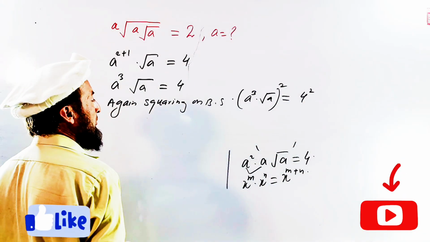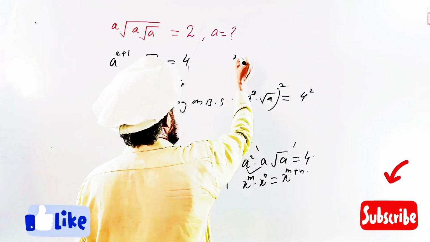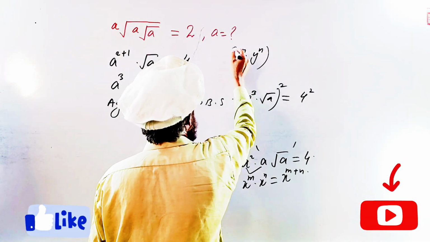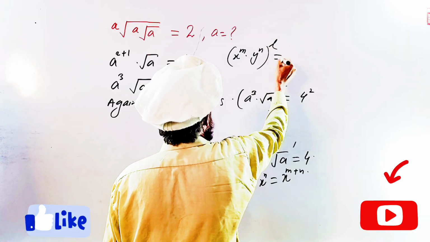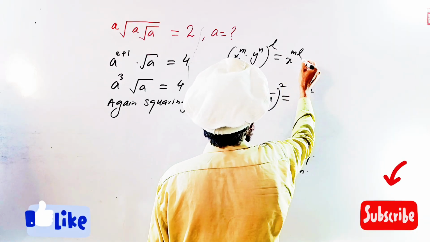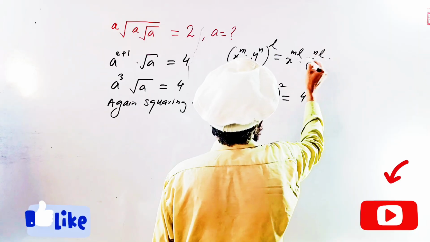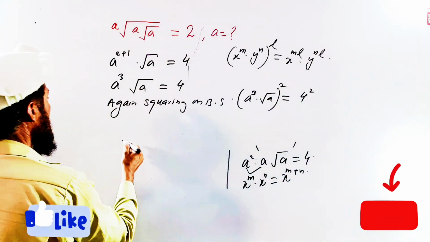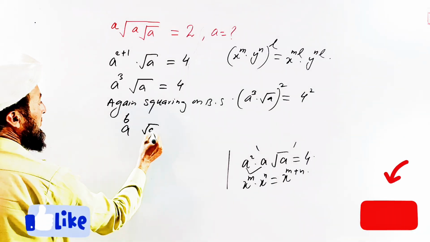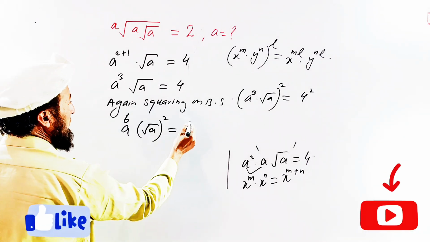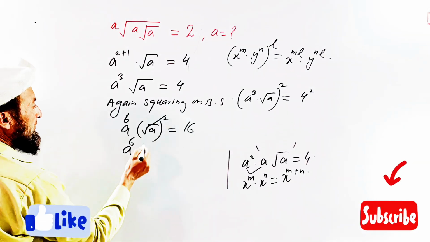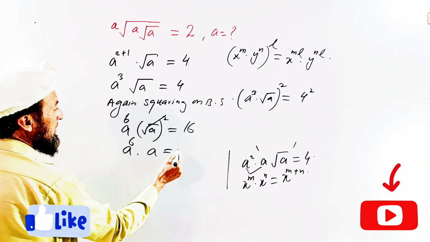Again we use the property x to the m, and y to the n, whole power l, is equal to x to the ml into y to the nl. According to this property, we get a to the 6 and a square root whole square is equal to 16. So a to the 6, this is cancelled, we get a is equal to 16.